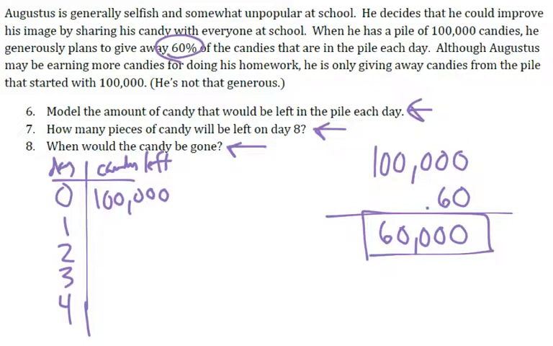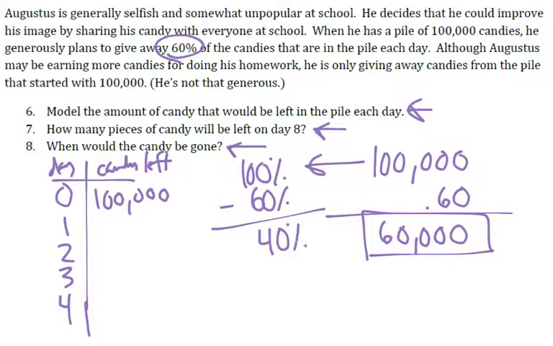We want to know how many are left. So the better way to think through this is to say, okay, 100,000 is like 100%. If we're subtracting 60% of that each day, how much percent is left? Oh, well, 40% is left.